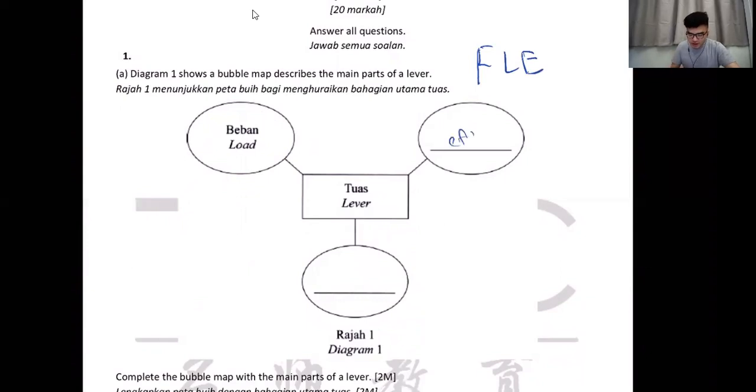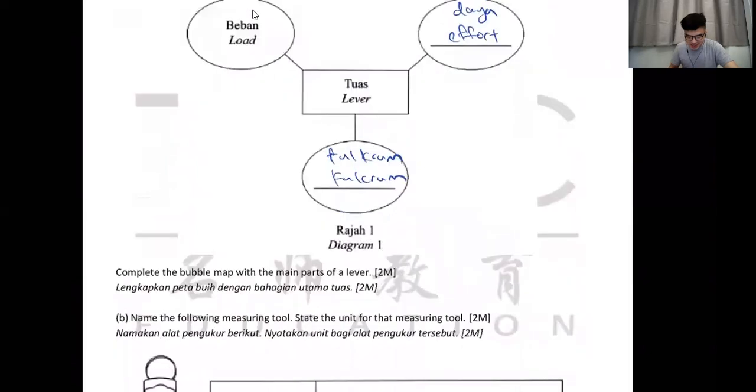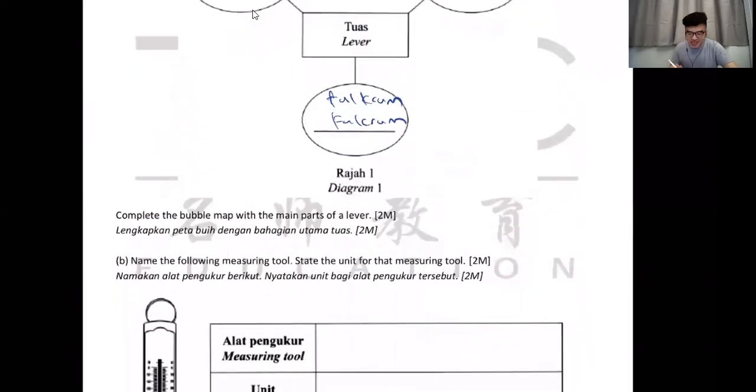Of course you have your effort, and you have your fulcrum. Okay, this is a bit too easy, isn't it? Easy 2 marks for you. You pray that your exam is like that.